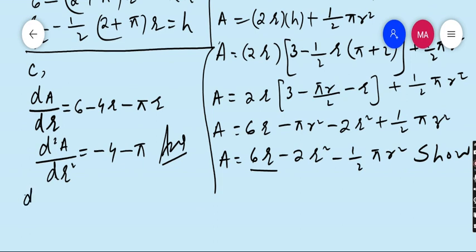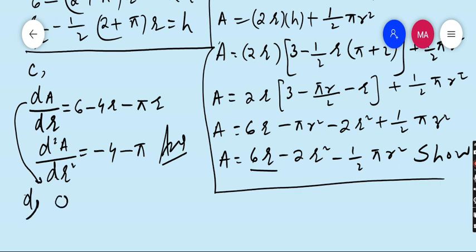D part. Just replace dA by dr is 0. 0 is equal to 6 minus 4r minus pi r. So find the value of r, very easy.